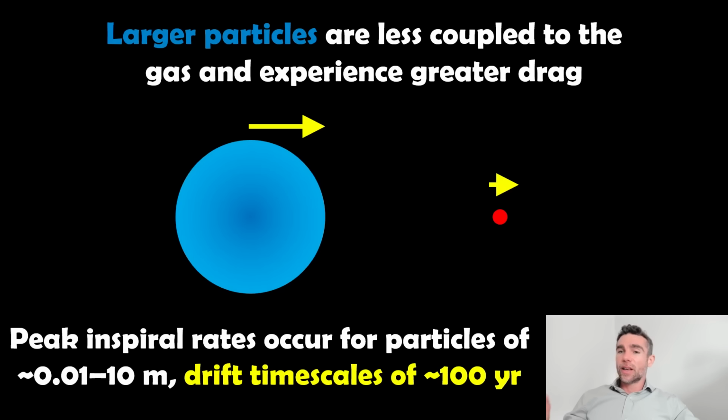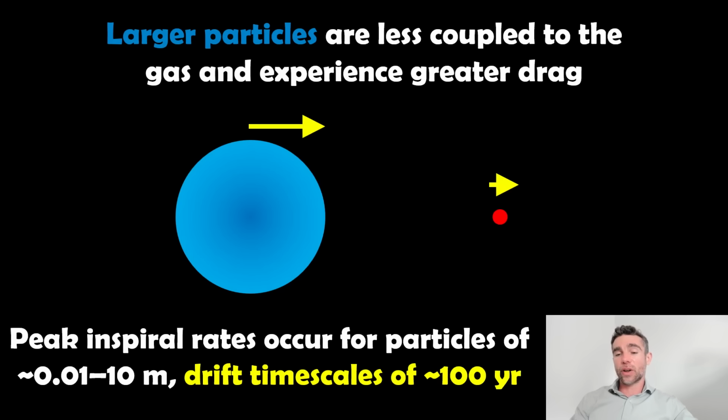The peak size that they couple to and inspiral rates is around 0.01 to 10 meters, and the drift timescale for radial movement and inspiral to the star is about 100 years, so very, very fast. That's the size where it peaks due to this gas drag.